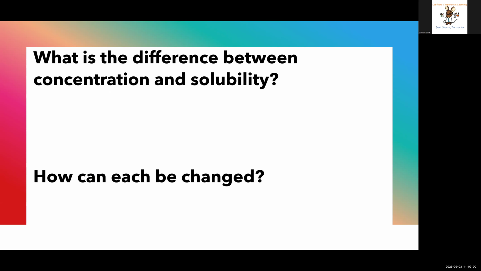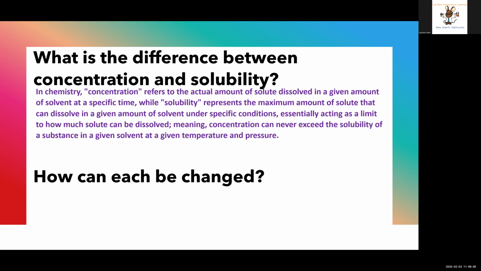What's the difference between concentration and solubility? In chemistry, concentration refers to the actual amount of solute dissolved in a given amount of solvent at a specific time, while solubility refers to the maximum amount of solute that can dissolve in a given amount of solvent under specific conditions, essentially acting as a limit to how much solute can be dissolved, meaning concentration can never exceed the solubility of a substance in a given solvent at a given temperature and pressure.